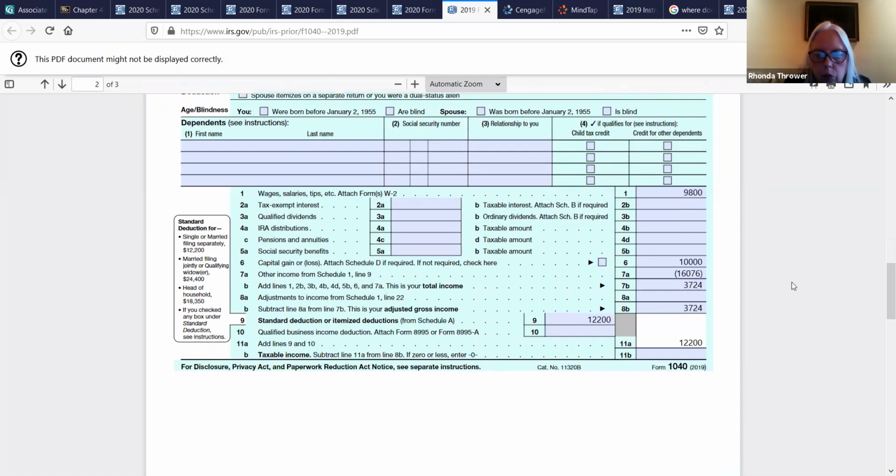And then we're going to move to 11B, which is our taxable income. So what we're going to do is combine 8B with 11A. We've got to subtract 11A from 8B. And what that'll leave you with is a negative amount of 8,476, which is your taxable income.